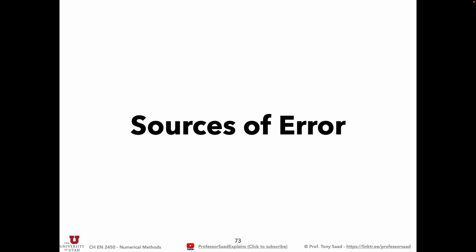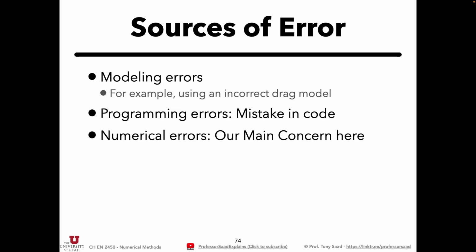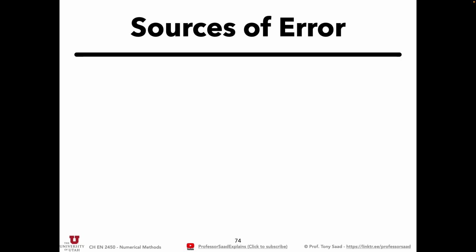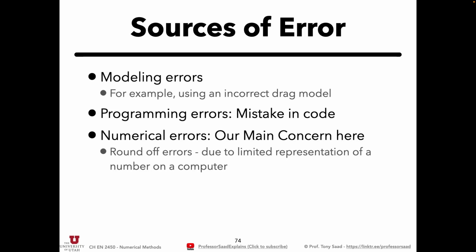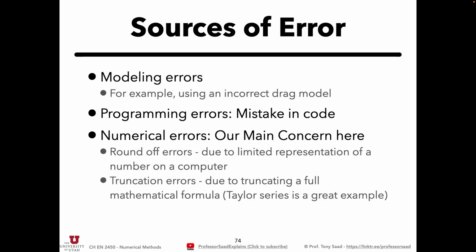I'll go back to that slide I put in early on in the lecture, talking about sources of errors. If you remember, there were modeling errors and programming errors, like the one I just committed. I printed n rather than n minus 1, a little programming error. But then numerical errors, which we are primarily concerned with, are round-off and truncation errors.